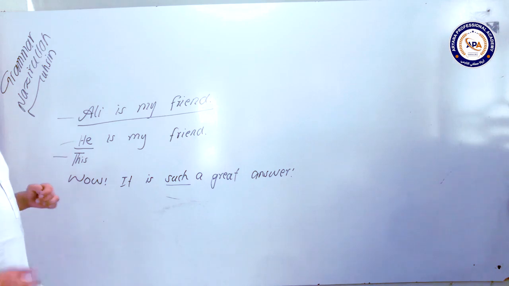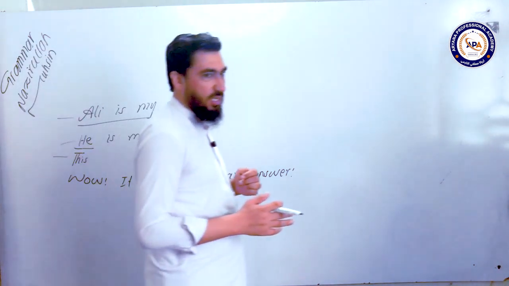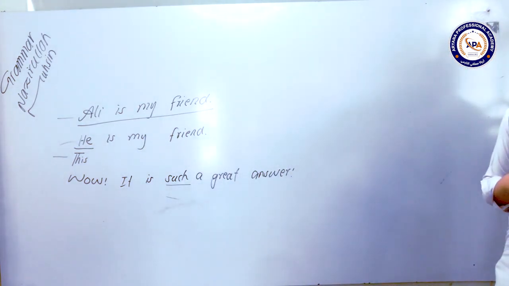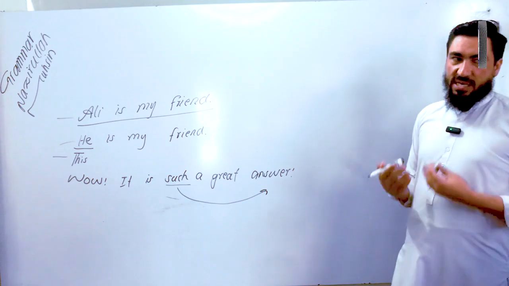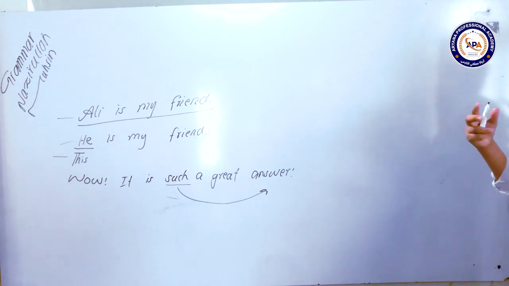It only demonstrates. It doesn't have any specific meaning in the sentence. Like, to translate it, does it point to anything here? Of course. It points out answer. Then it doesn't have any specific meaning, so it is only used to emphasize this noun. Like, it is such a great answer. So such a great answer just demonstrates. It doesn't do anything else.